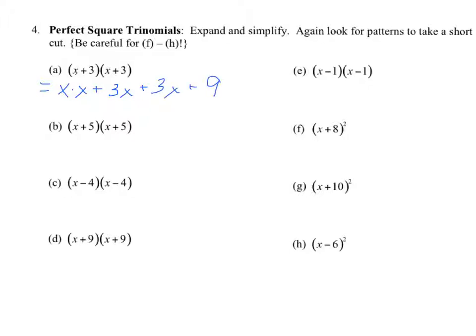When I clean this up, I'm going to get x squared, and then the 3x plus 3x will give me 6x, and then plus 9. So notice when I multiplied these two binomials, I ended up with 3 terms in my simplified form. So again, this is the simplified form, and up here is the factored form.